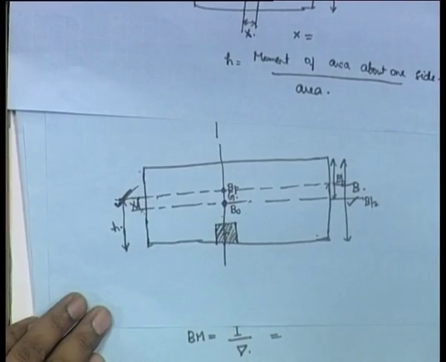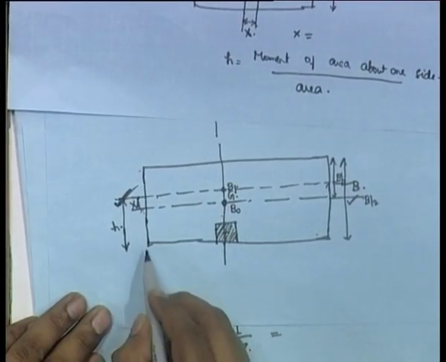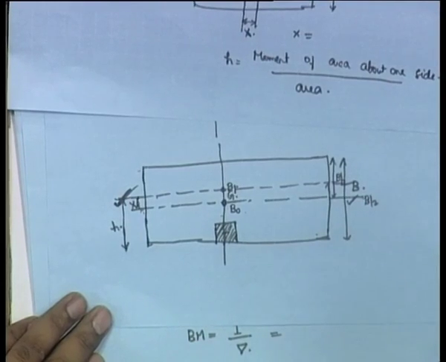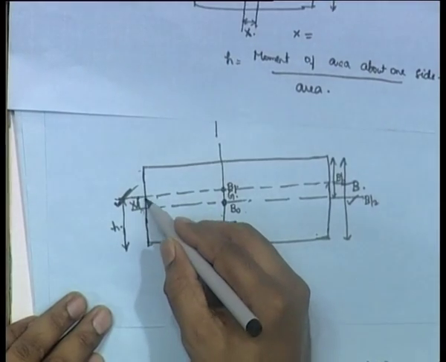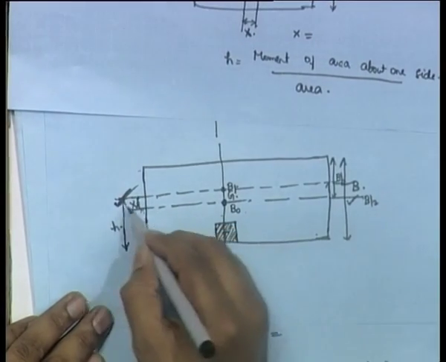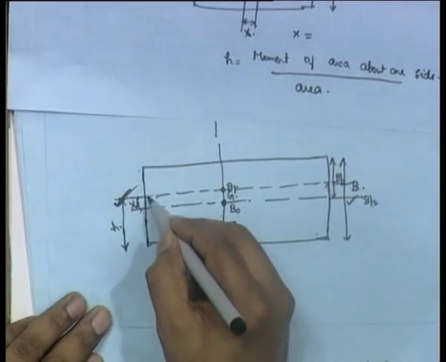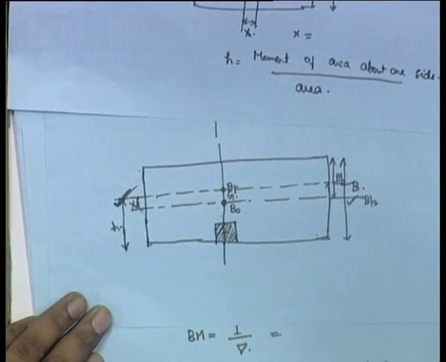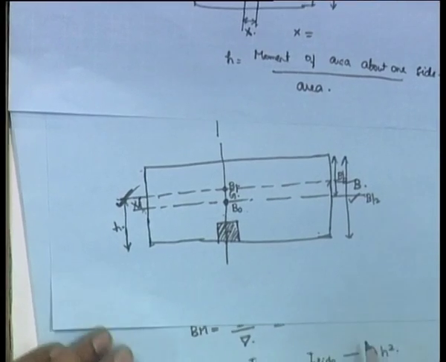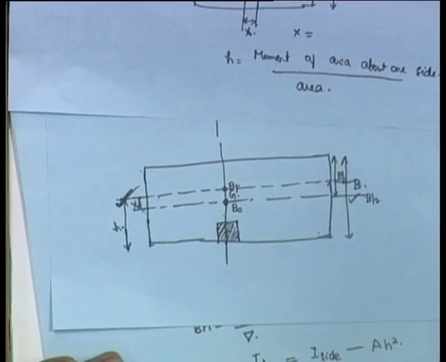Or you can take the moment of inertia about this side minus A into h square, where h is this distance. So, that will give you the moment of inertia about the point h, and then you get B m is equal to I by del.